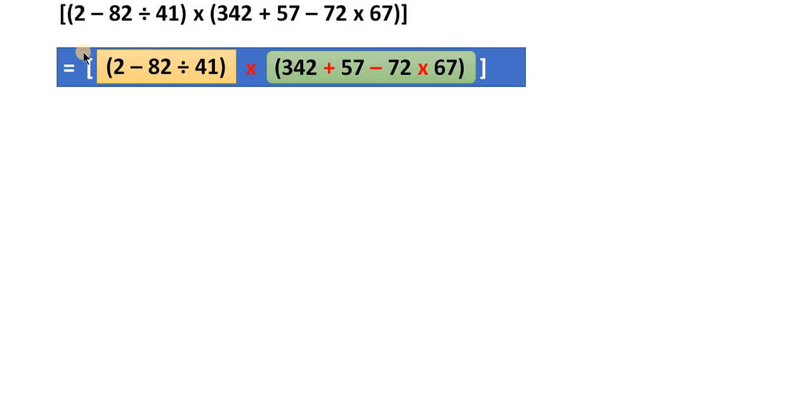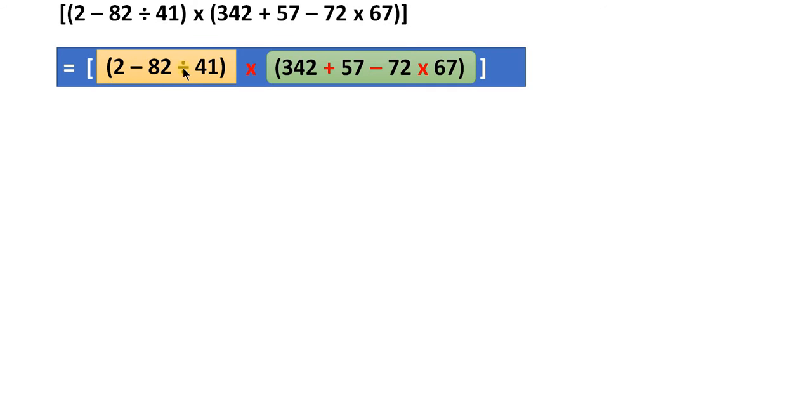We will have to do the innermost precedence operators first, whatever is inside the bracket. Innermost are these two. These two need to be done separately because they are inside the rectangular bracket. When I put it in colors, see, they are separated.